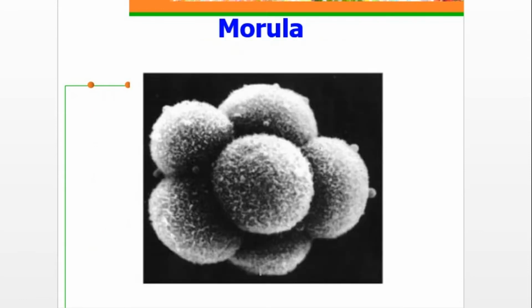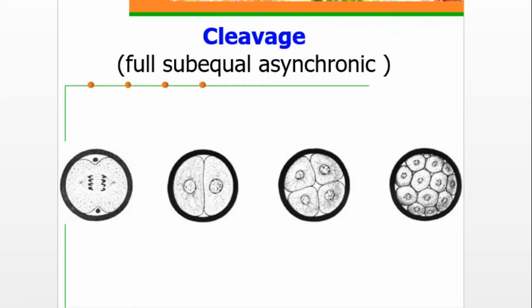Here you can see morula. Morula is a multicellular organism which is a result of a number of mitotic divisions during cleavage. The human cleavage, by the classification, is full, subequal, and asynchronous.